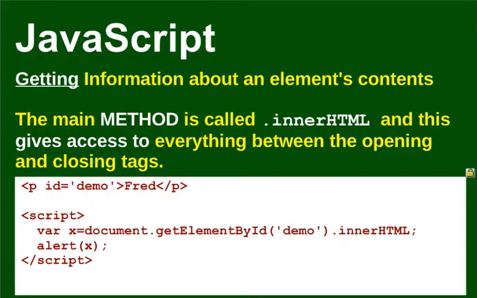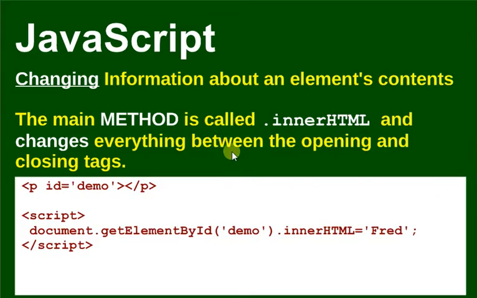Same then if we are moving on to getting and changing the information, we do exactly the same. So here again we've got our element, there's my element, get element by ID.